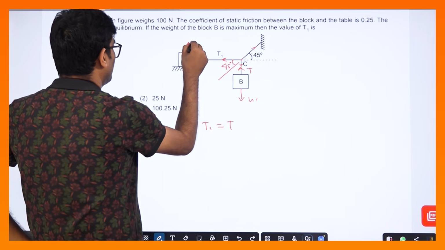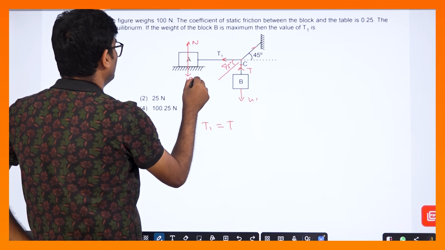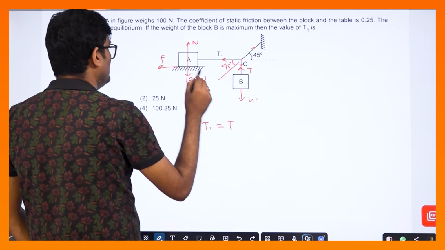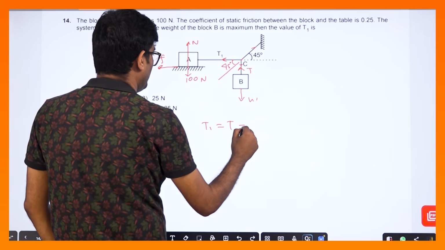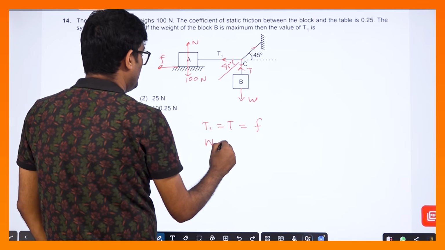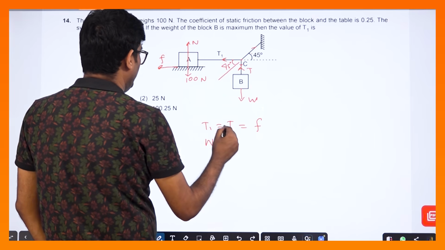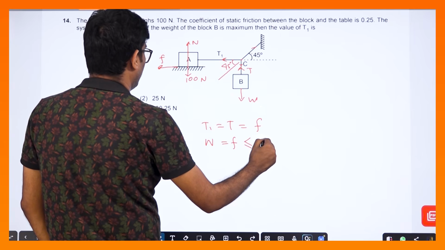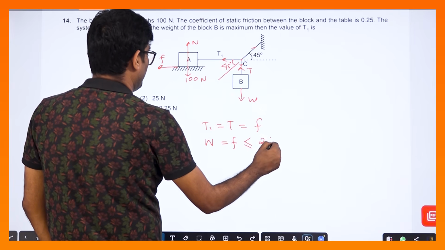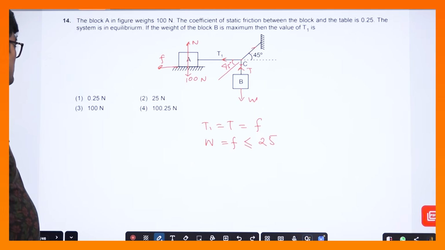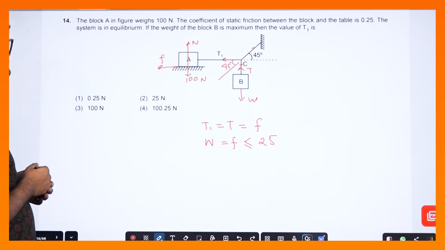And T1 is the friction force, as it is at rest. Then the normal must be 100 Newton. The friction force is equal to T1. T1 equal to T equal to friction force. Now T1 equal to W equal to friction force. Now friction is a static one, so that has a maximum value of mu into N, that means 25. So weight must be less than 25 Newton.